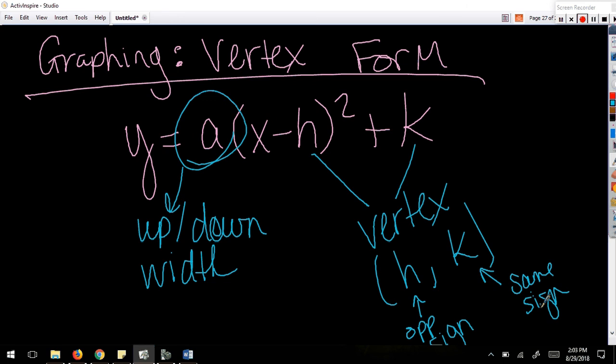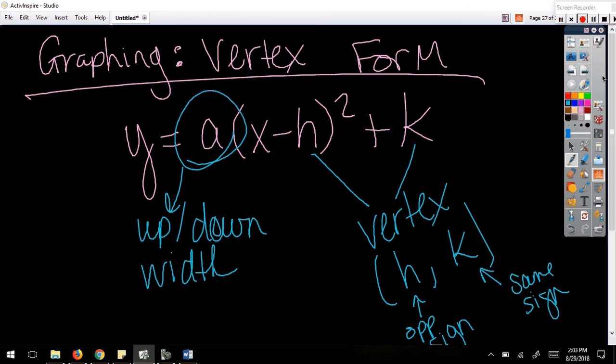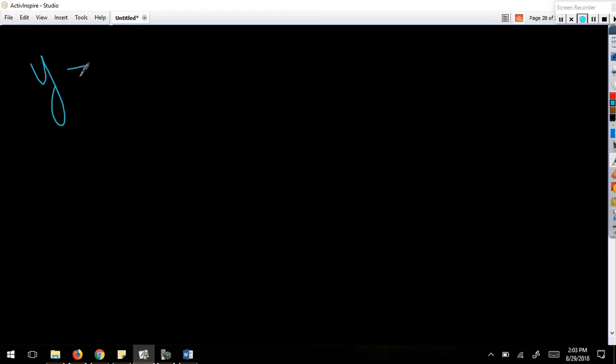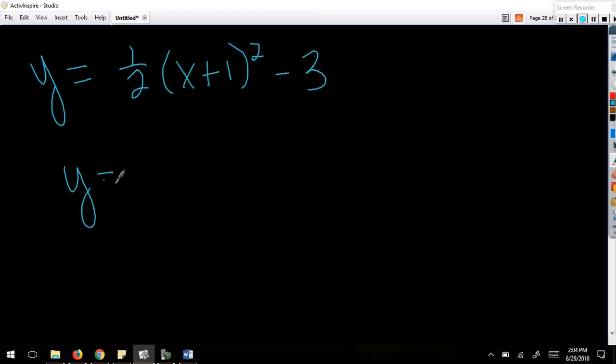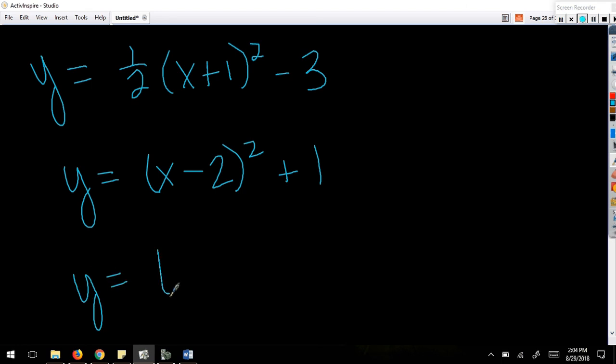Let me give you a couple in vertex form and see if you can identify the vertex here. I'm going to just write a few. This should be easier than standard form, yeah.